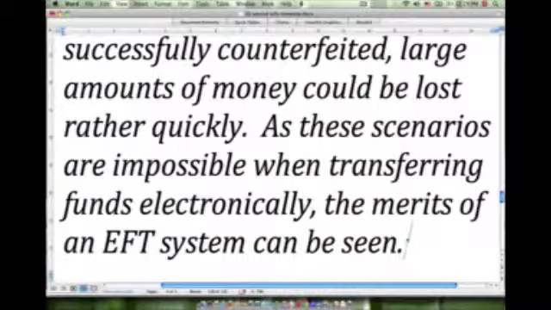Thus, the electronic system is better. Okay, so can you see how the argument is linking back to what this student no doubt wrote as their thesis, which is electronic money has more benefits than banknotes.